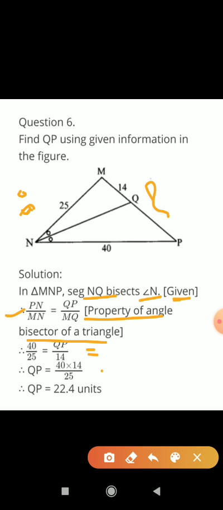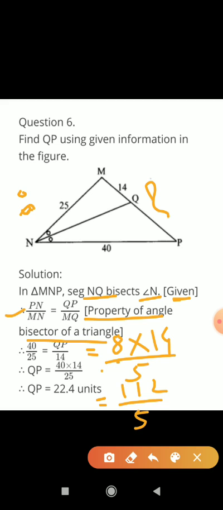So divide by 5 to 40 and 25. So 5 8s are 40 into 14 as it is, and 5 5s are 25. Then multiply by 8 to 14. 8 4s are 32. 8 ones are 8 and 3 is 11. So 112 divided by 5.